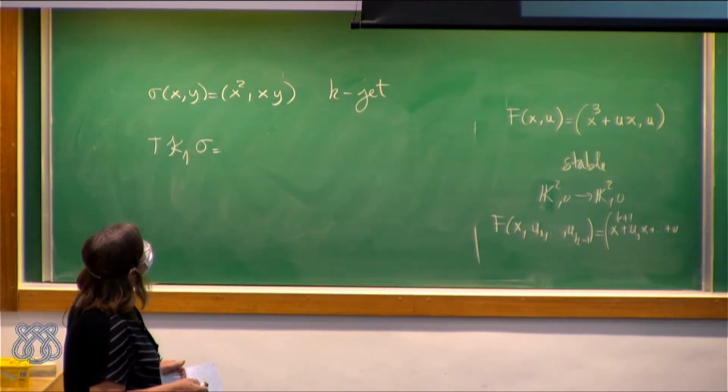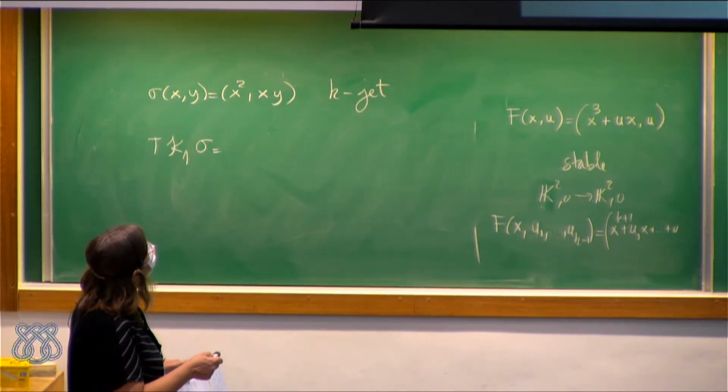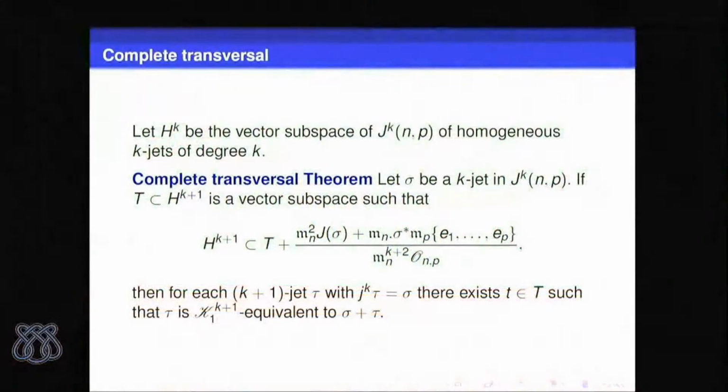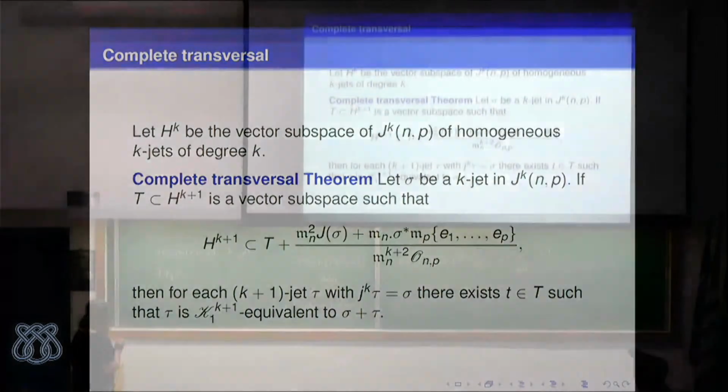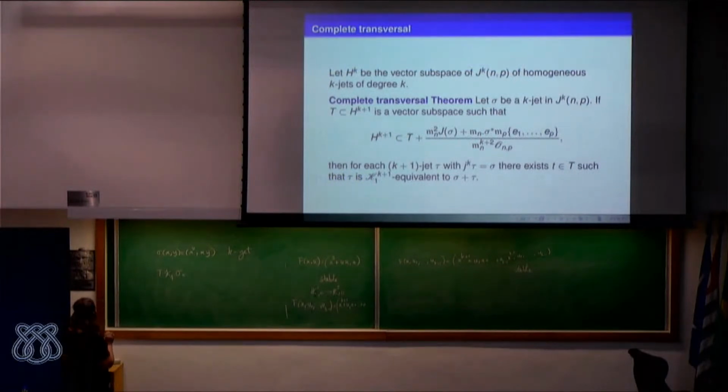There is a mistake here. Thank you, it's T. So this is the tangent space to this K1 group. K1 group means that the diffeomorphism has one-jet equal to the identity.